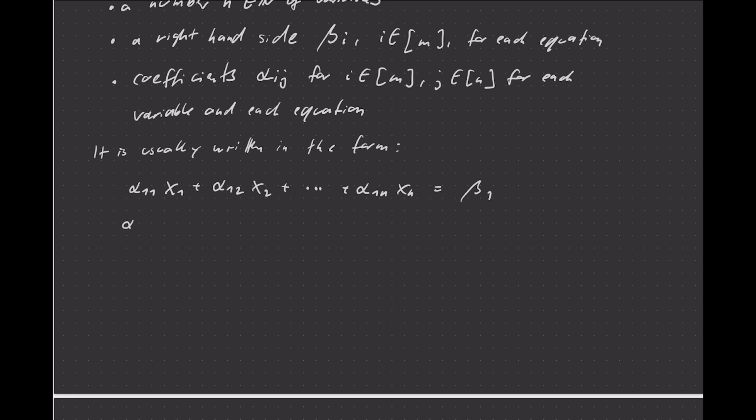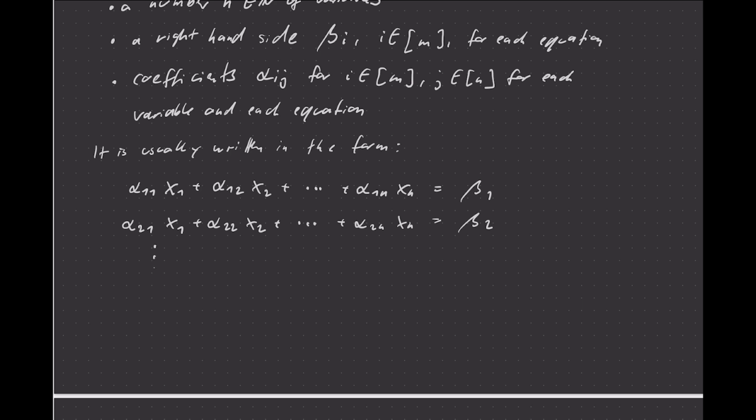Then for the next equation we get alpha 2,1. So the first number is always the equation number, the row. The second number is the variable number, the column if you want. Alpha 2,2 x2 and so on, up to alpha 2,n xn, that's beta 2.